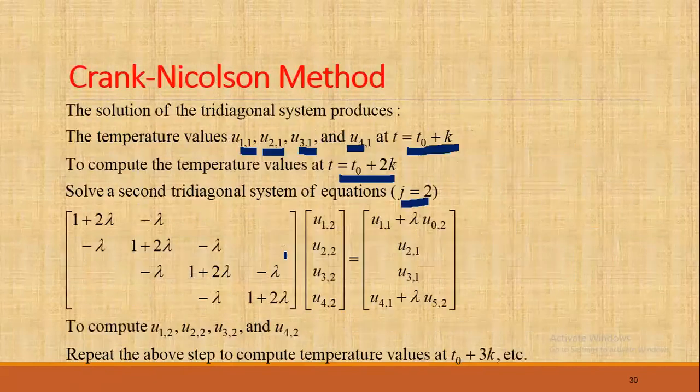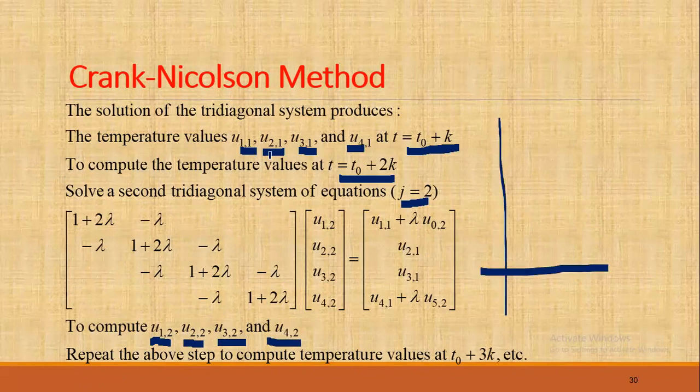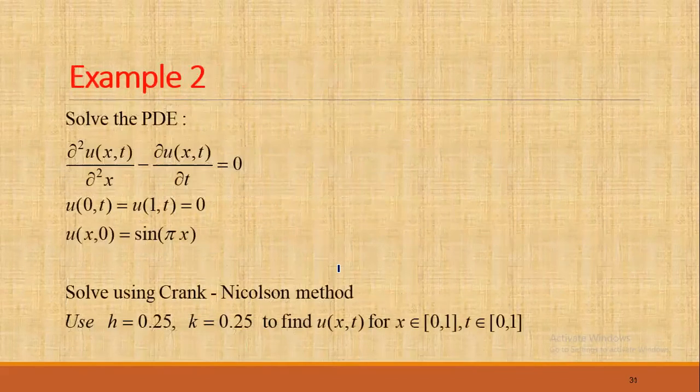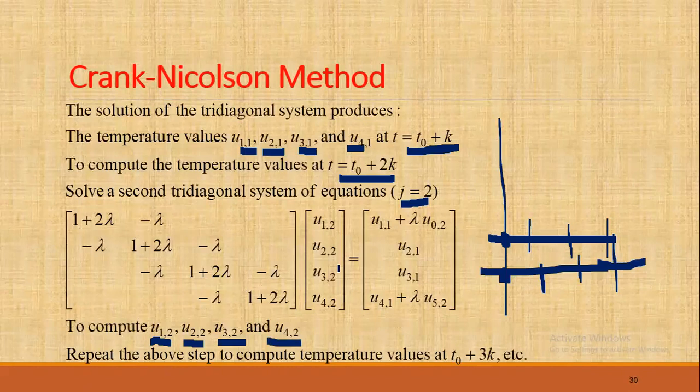Again the system of equations is like this, and we solve it, then we get u12, u22, u32, u42. Then with a similar procedure, we get all the values of the nodes.